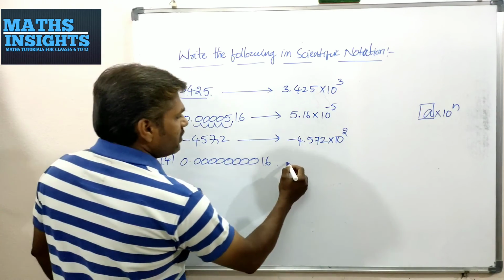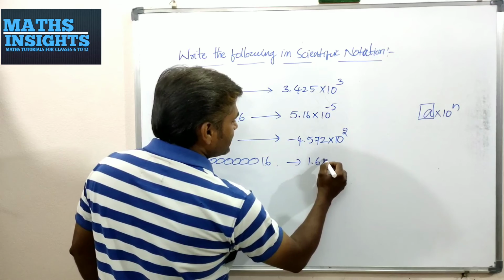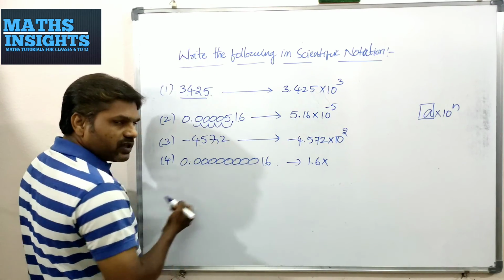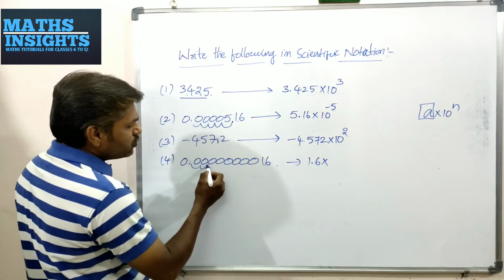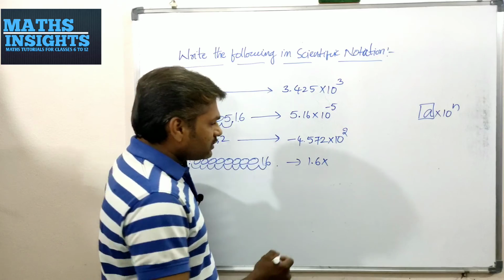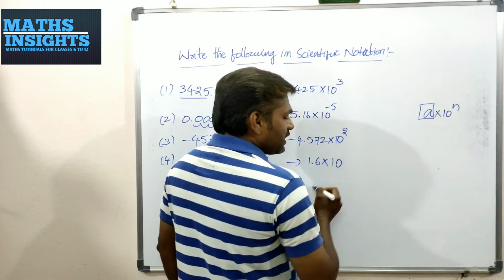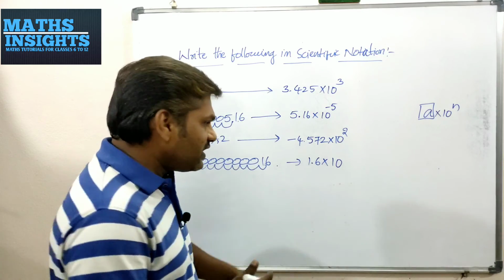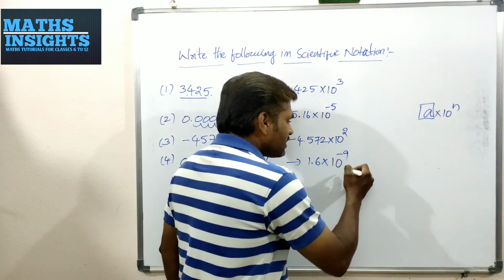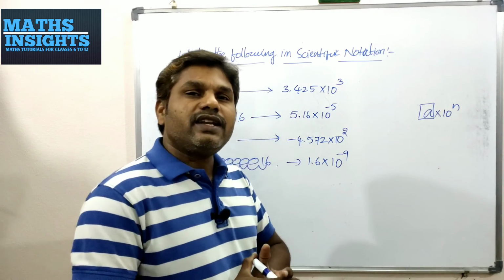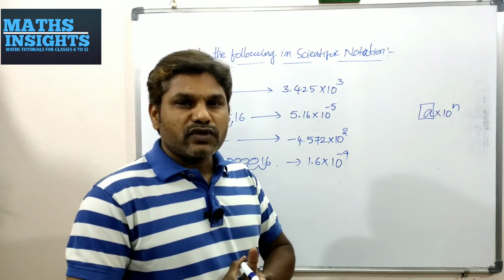So I will write it as 1.6 into, if I am moving the point from here to here, how many places am I moving? 1, 2, 3, 4, 5, 6, 7, 8, 9. So you have to write 10 power. You increase this value, so you have to decrease here. That means minus 9. So this is the way how to write any given number in scientific notation.